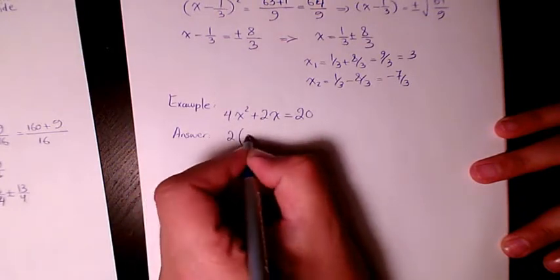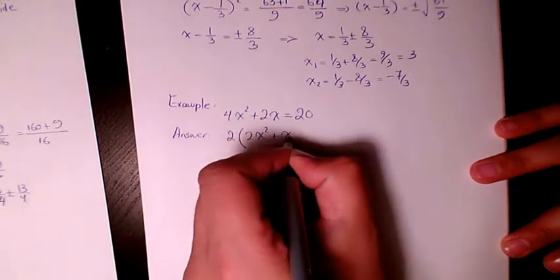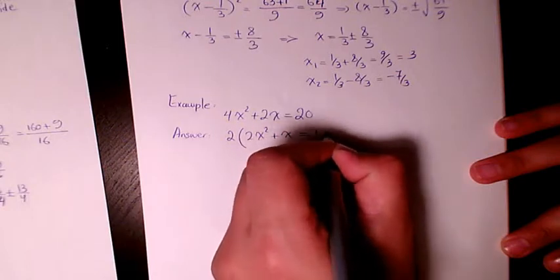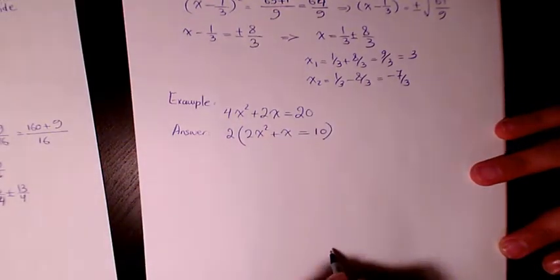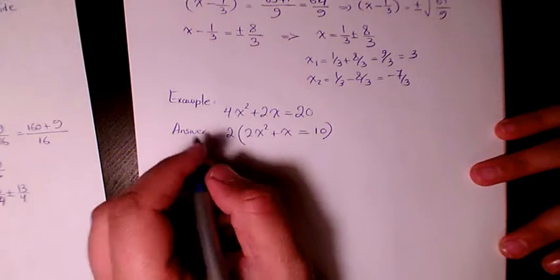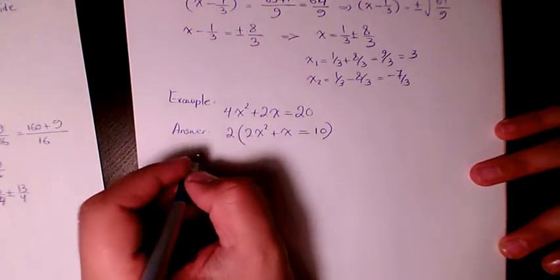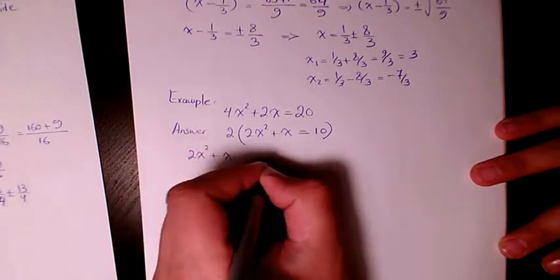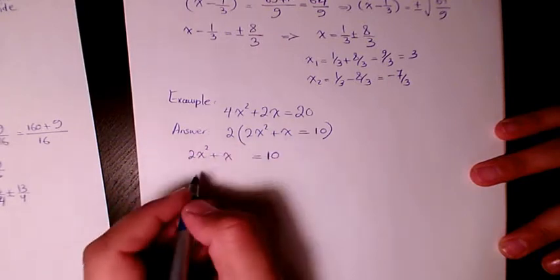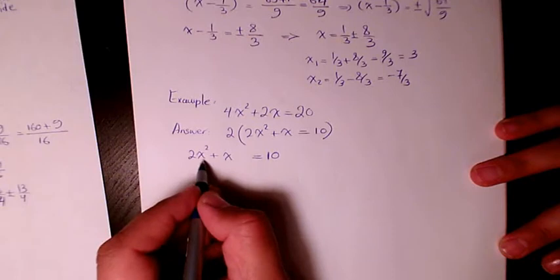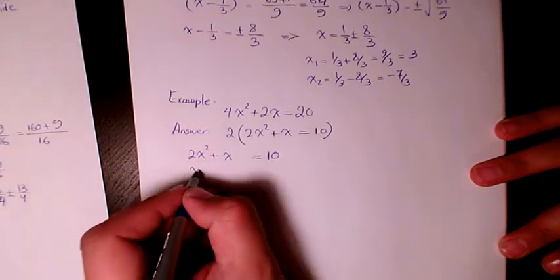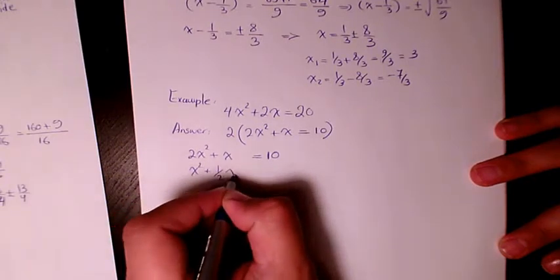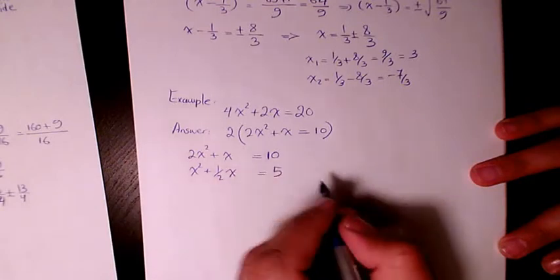It's going to be 2x squared plus x equals 10. Then we need to divide both sides by 2. It's going to be x squared plus 1 over 2x equals 5.